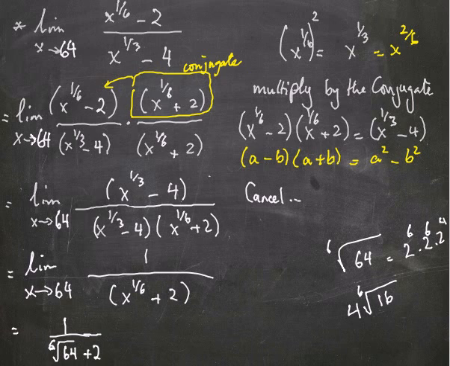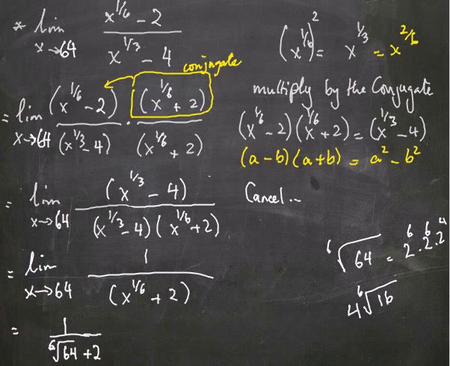Now, if you're going to expand these, it'll take you some time. We already know that this is the difference of two squares. So you square the first, x power 1 over 6, squared, you get x power 1 over 3, minus 2 squared is 4, over this expression times that expression.